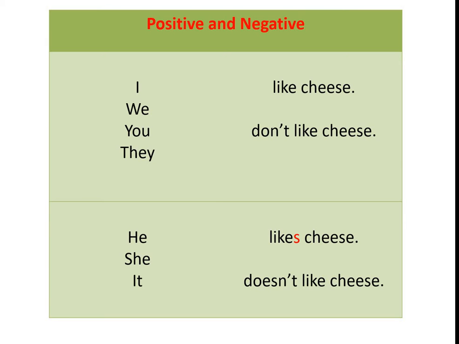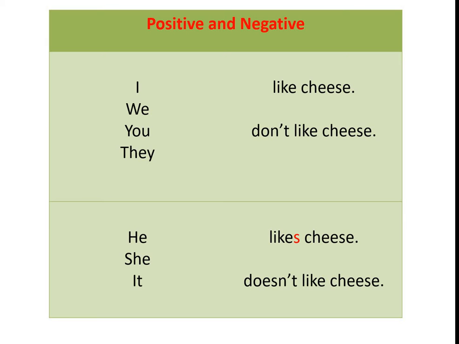We have the pronouns I, we, you, they. So when we want to form a positive sentence, we use the verb as it is, the verb one, affirmative, with the plural pronouns like I, we, you, they.